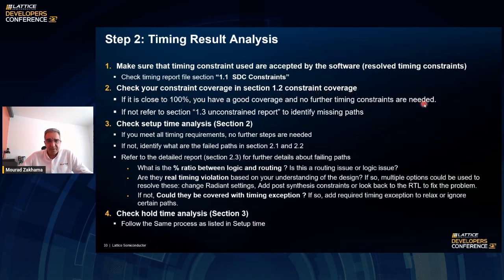My recommendation is to shoot for 100%. If you are higher than 90, you should be good, but I think the target should be 100%. And if there are timing paths that are not constrained, then you can refer to section 1.3, which will report all the unconstrained paths, and that will help you add the timing constraints that you need. Then you go to the setup time check, which is section 2 of the timing report.